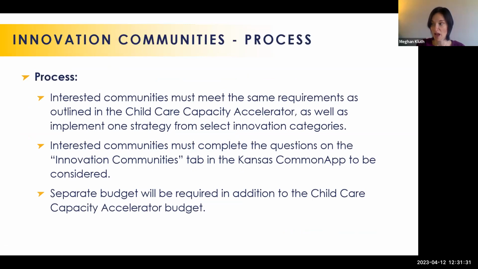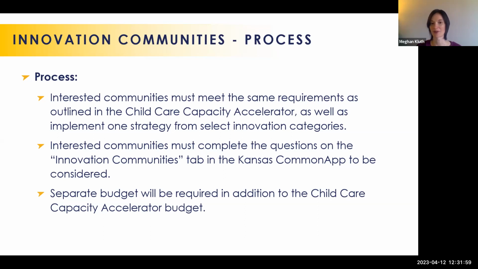So the process for applying: it's the same eligibility requirements as the Child Care Capacity Accelerator. Again, anybody who's applying for the Child Care Capacity Accelerator can apply, just with the expectation that you then implement at least one strategy from within those select innovation categories. There is a tab now on the Kansas Common App that says Innovation Communities. That is what you will fill out as your application.